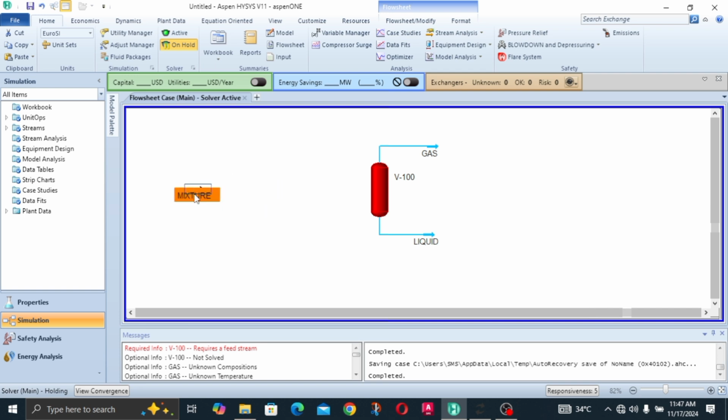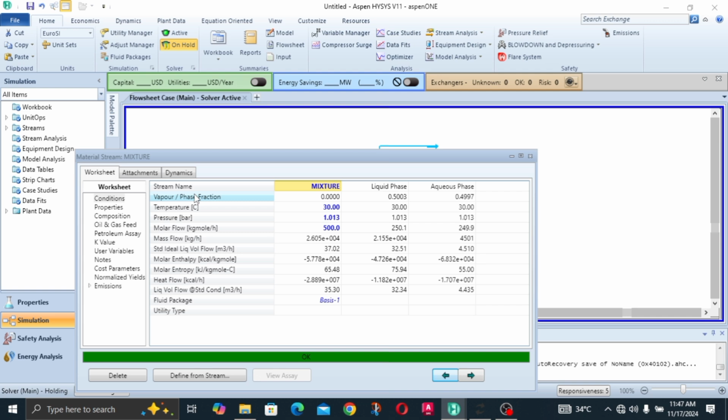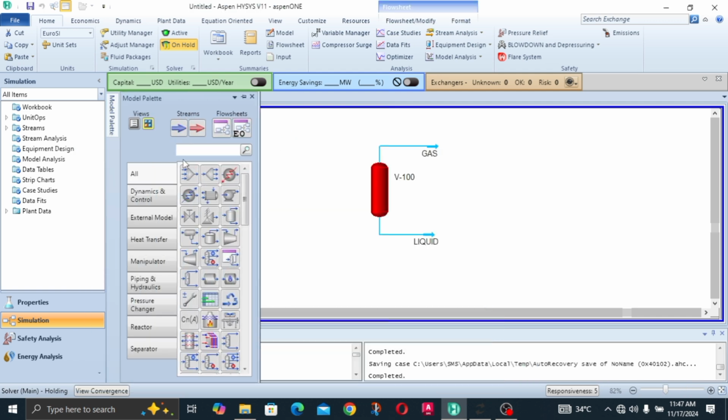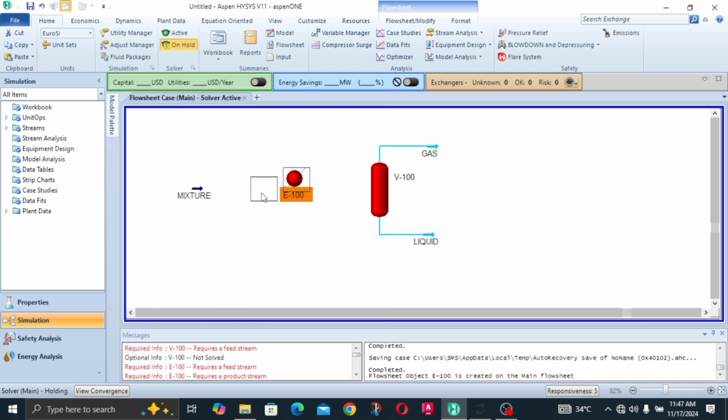So in the process of carrying out evaporation, we do expect our temperature to change and our vapor fraction. So we will be using a heater. That's the third equipment. We will connect our mixture to the heater to hit that temperature where evaporation takes place.